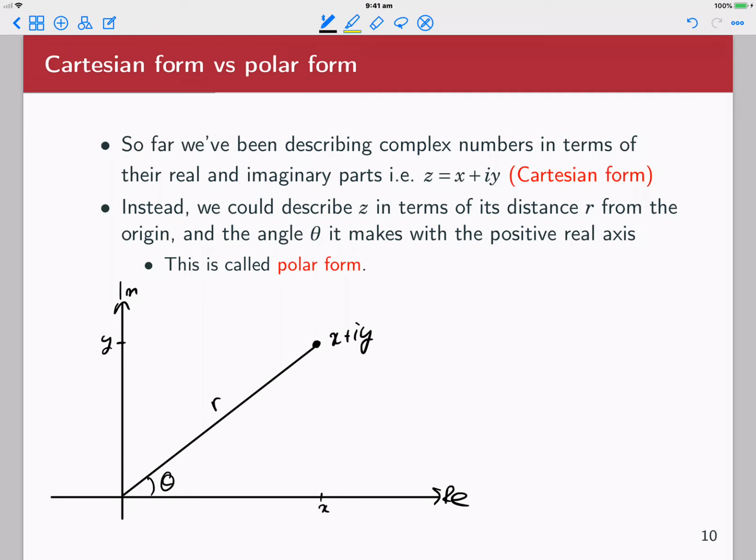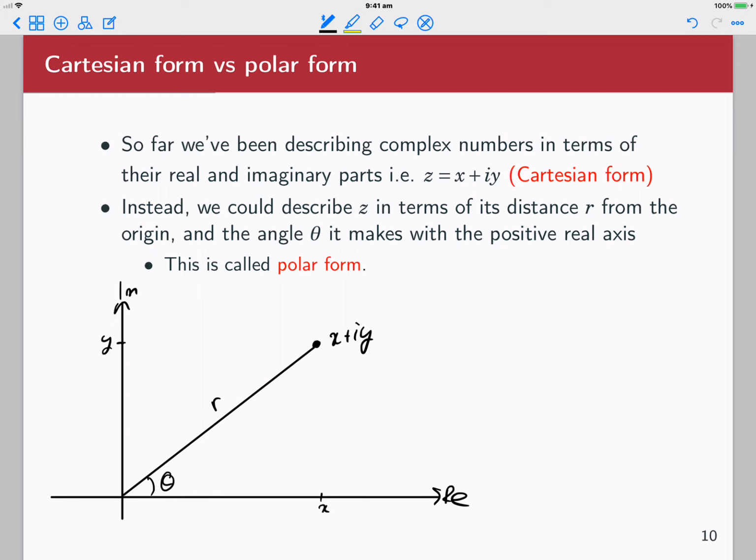So instead of thinking of it in terms of its x and y coordinate, I can think of it in terms of r and theta, where r is its distance from the origin, and theta is that angle it makes with the positive real axis, okay?